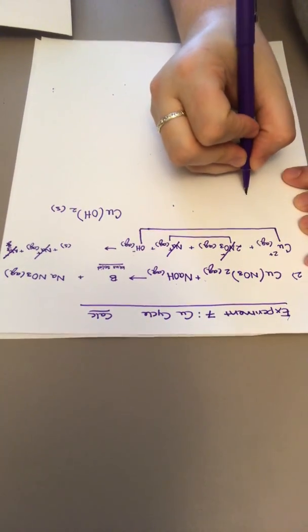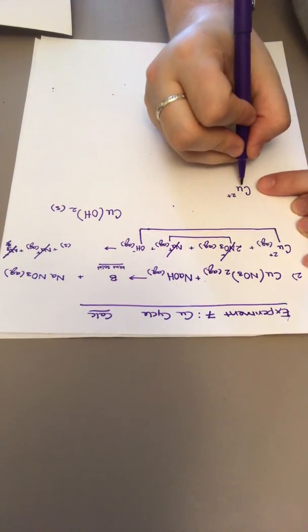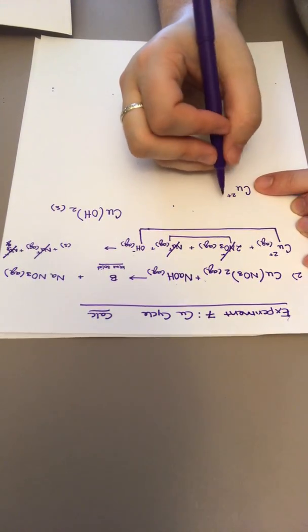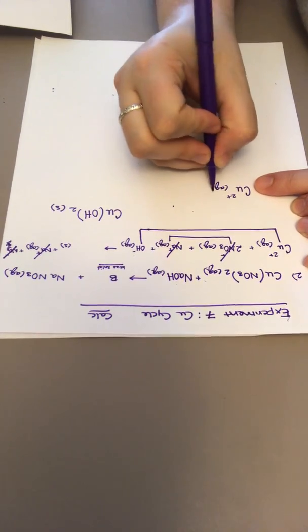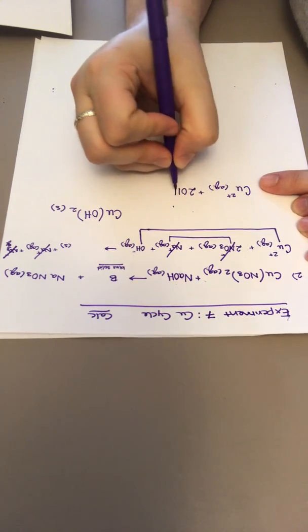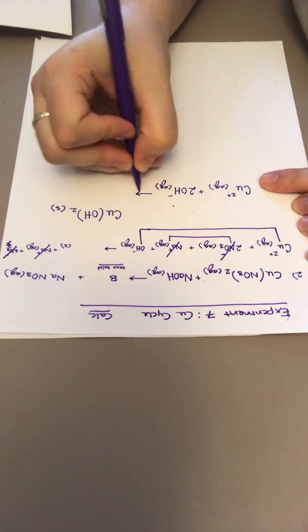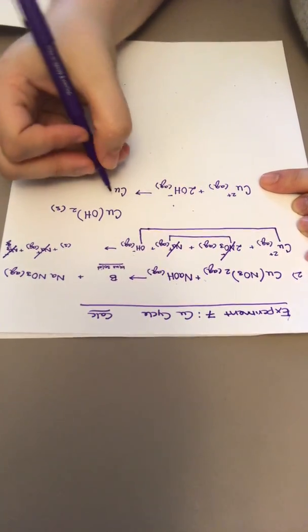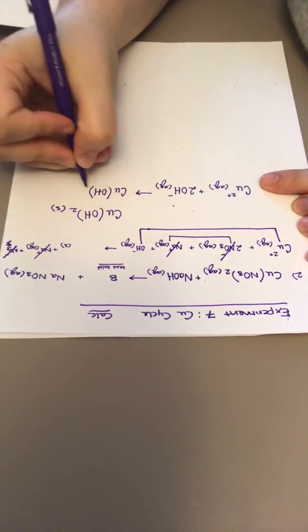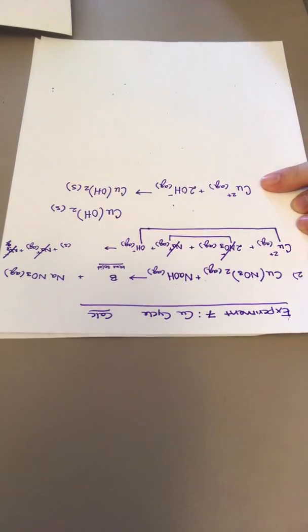So when we're condensing down our net ionic equation, we can say that we have Cu2+ cation, plus 2 hydroxide ions, is going to yield this copper hydroxide solid. So that is how we're going to be able to solve that net ionic equation.